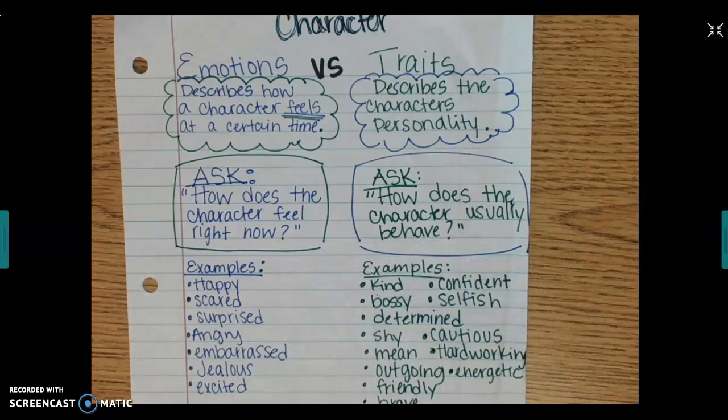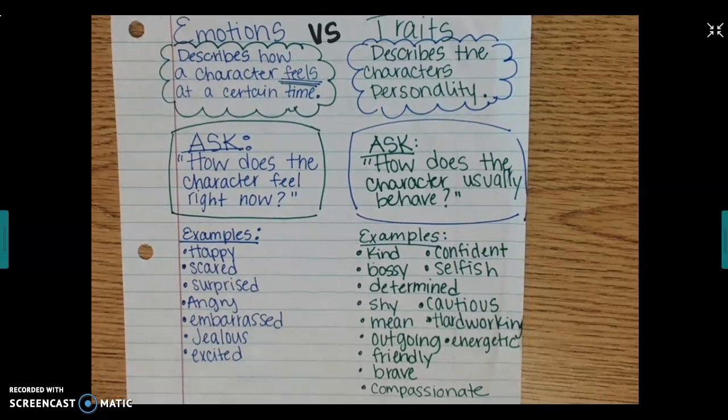Some examples of those are kind, confident, bossy, selfish, determined, shy, cautious. Are they mean, hardworking, outgoing, energetic, friendly, brave, or compassionate? Again, these are just a couple examples. It's not the only list, right? So there are other options that we could pick from.